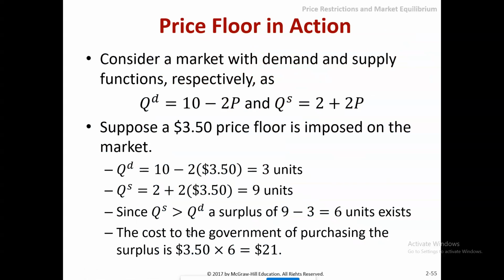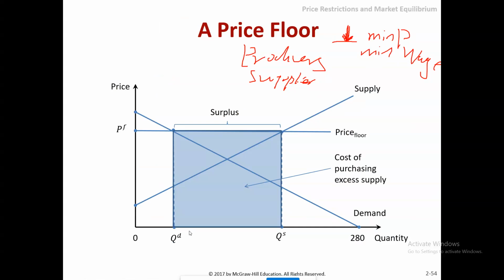Now, let's say an example market with demand and supply functions, and the price floor is supposed to be set higher than the equilibrium price to help suppliers or producers. So you can imagine this as HVAC in wintertime.